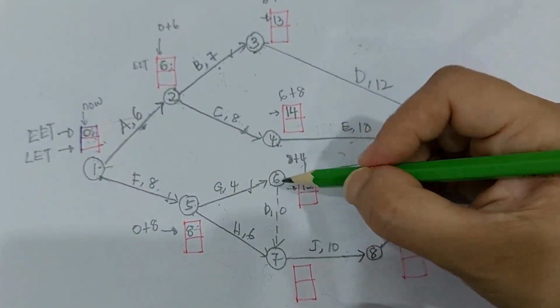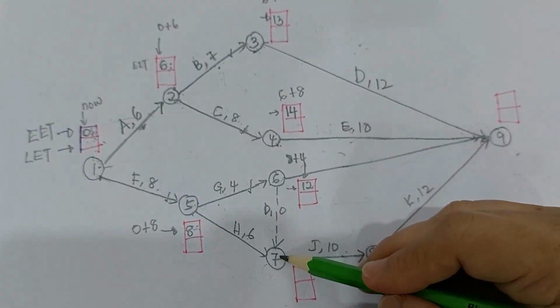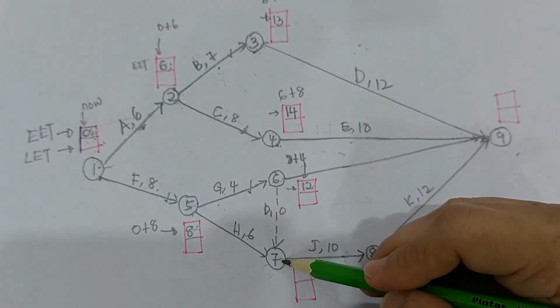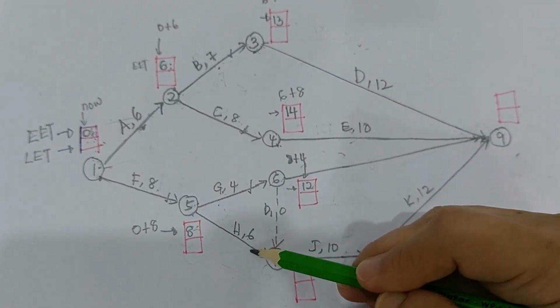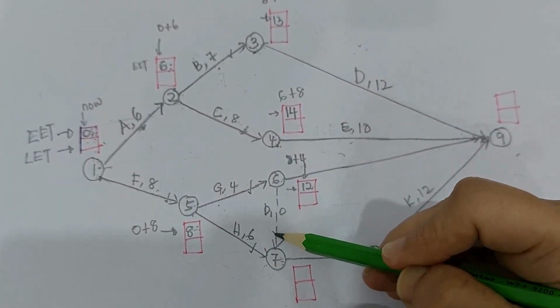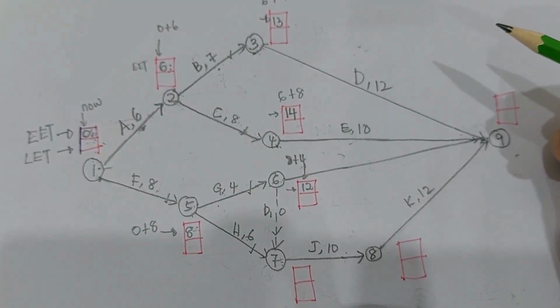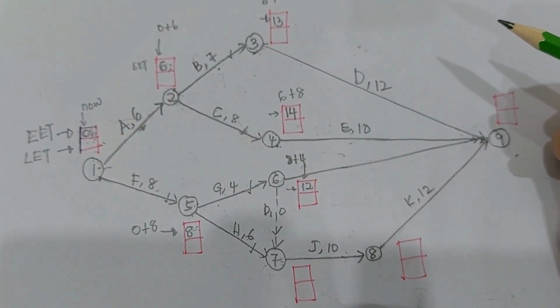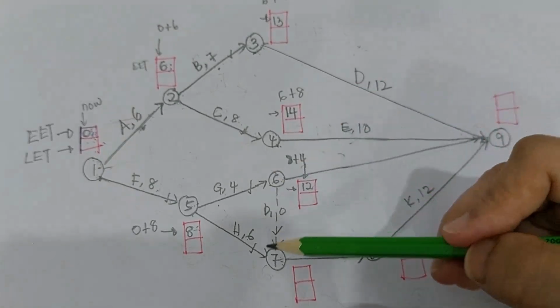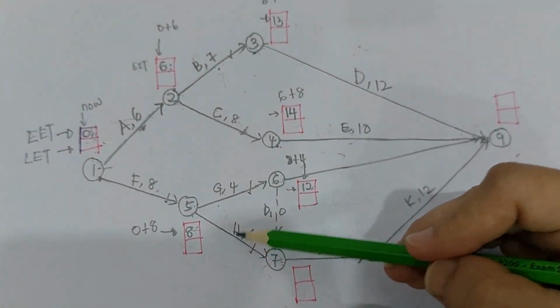After number 6, we go to the next event, that is number 7. Search how many activities are pointing at number 7. We have 2 activities, H and also dummy. So we have to make 2 calculations and choose only one. Let's say we take H first.